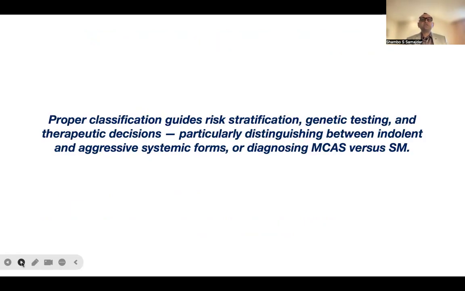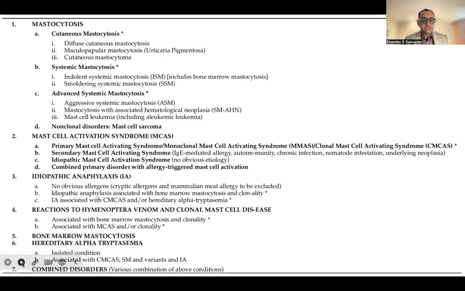So why is classification important? Because this can guide us in risk stratification, genetic testing, therapeutic decision making, and particularly distinguishing between indolent and aggressive systemic forms, or diagnosing mast cell activation syndrome versus systemic mastocytosis.